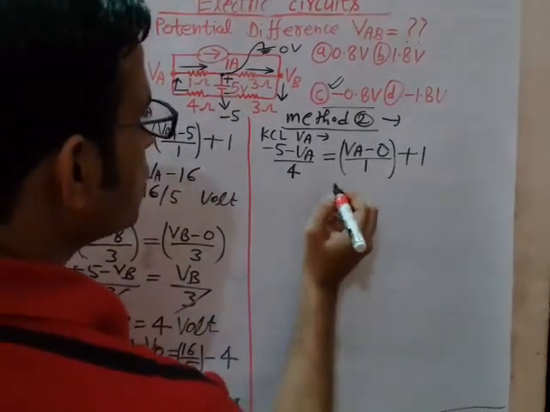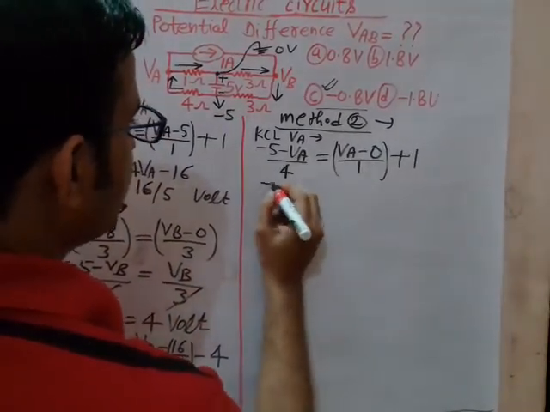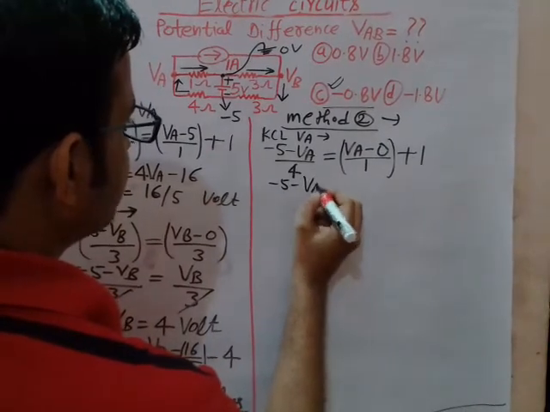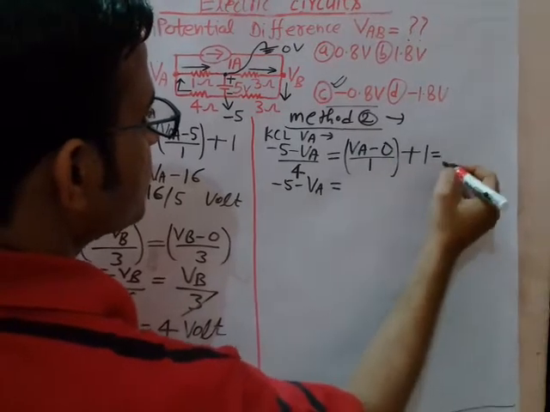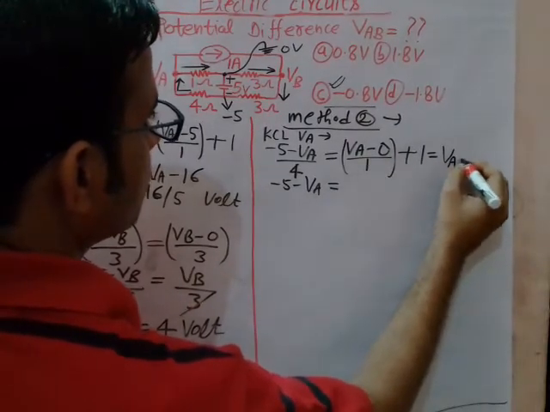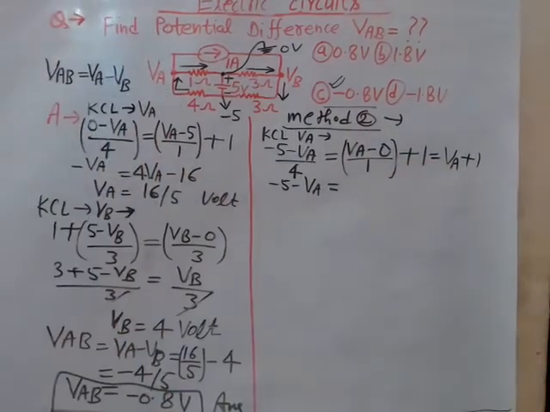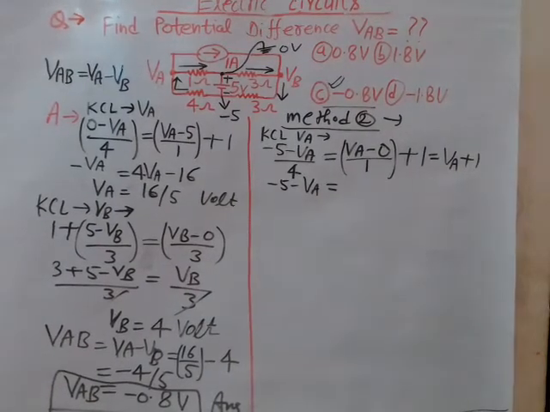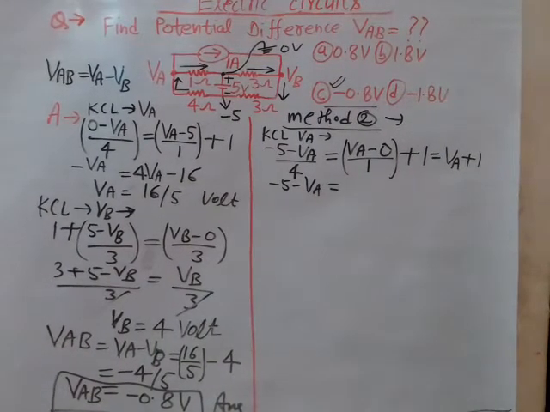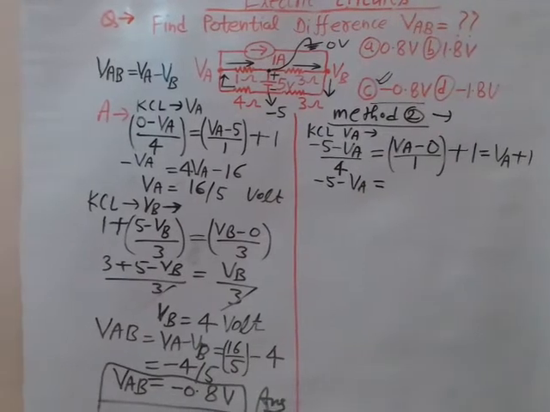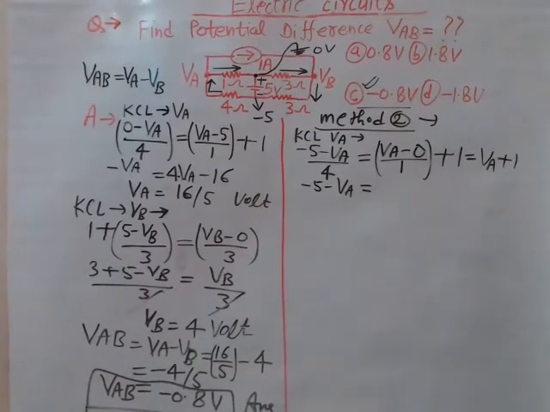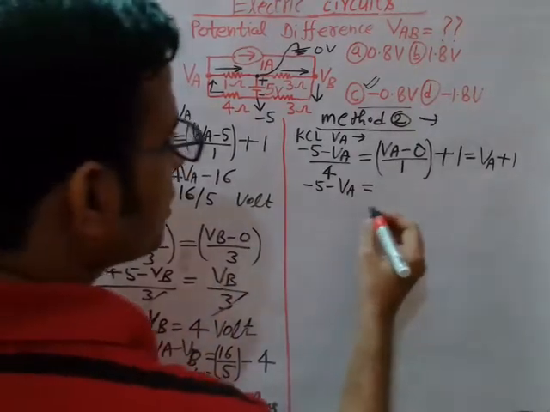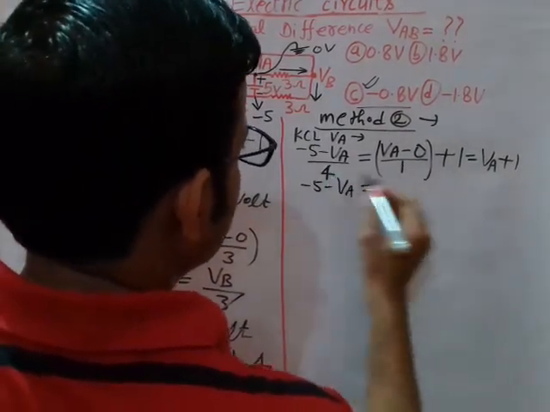So when you solve this, you will write (-5 minus VA) divided by 4 is equal to VA plus 1.